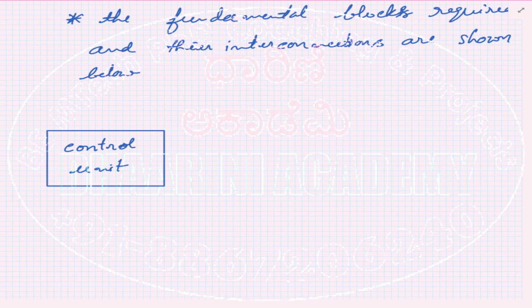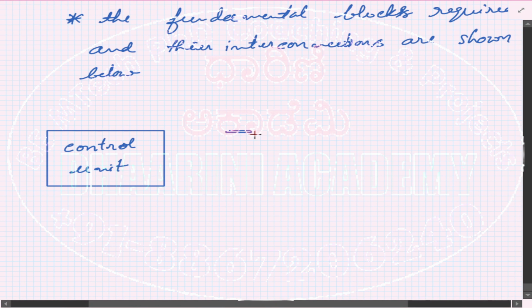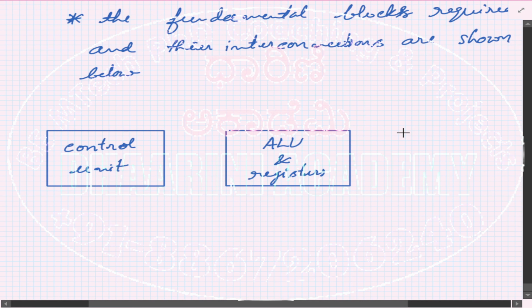Then the second block, this block is the ALU and registers, followed by the third block.